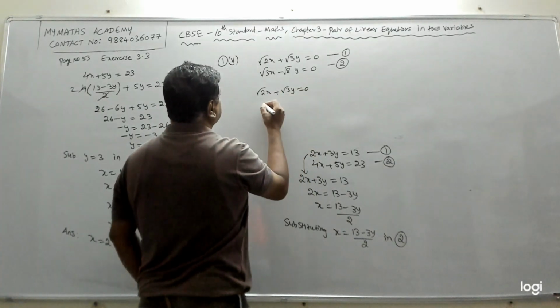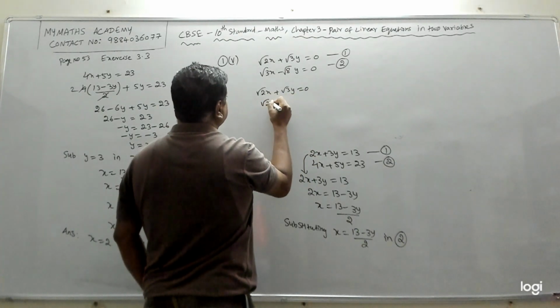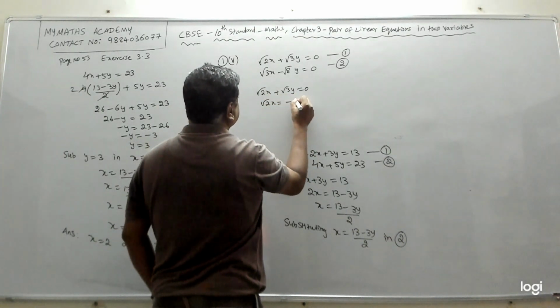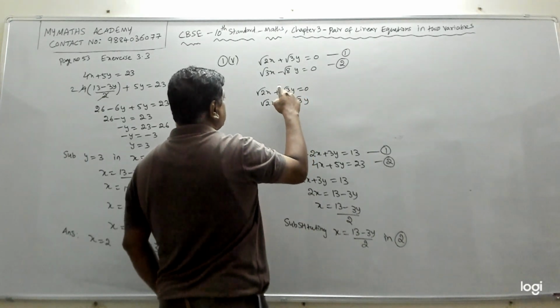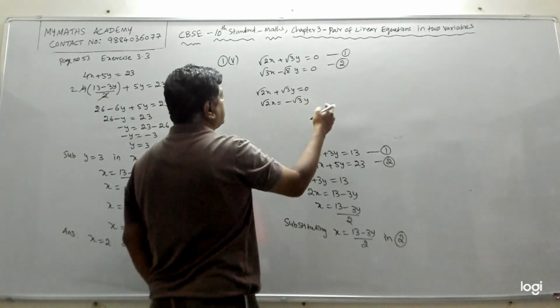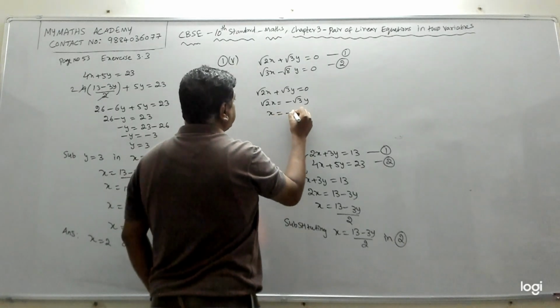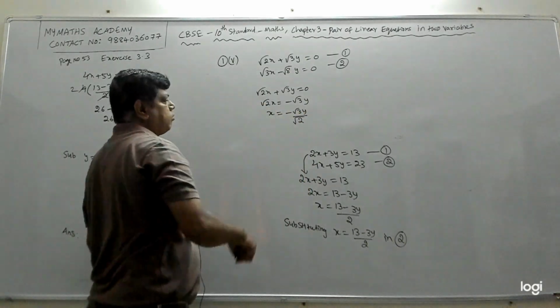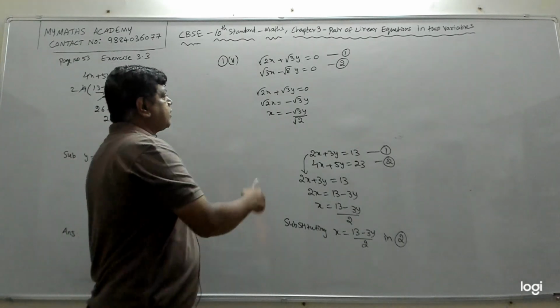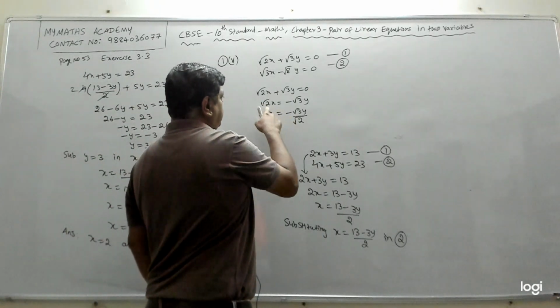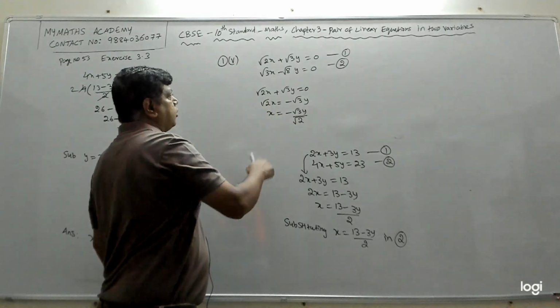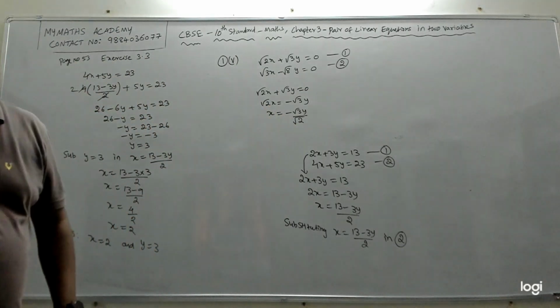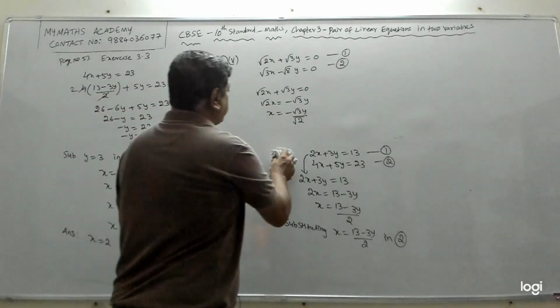Now write x in terms of y. So root 2x will become minus root 3y. This root 3y goes there, it will become minus root 3y. So my x will become minus root 3y by root 2. This root 2 will come down. Fine. So then let's substitute.